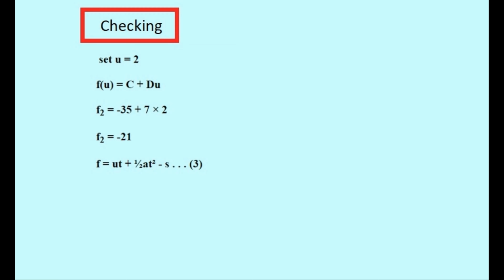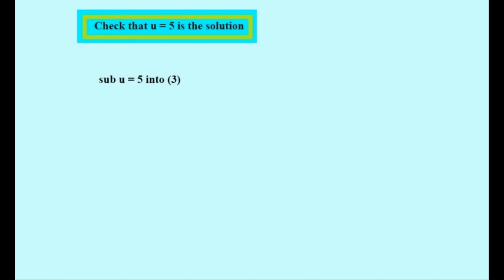Then we'll calculate f2 from the original function, equation 3. We'll substitute all of the values in, this time using the motion variables a, t and s instead of c and d. And so we get the same answer. So this function is more likely to be linear.